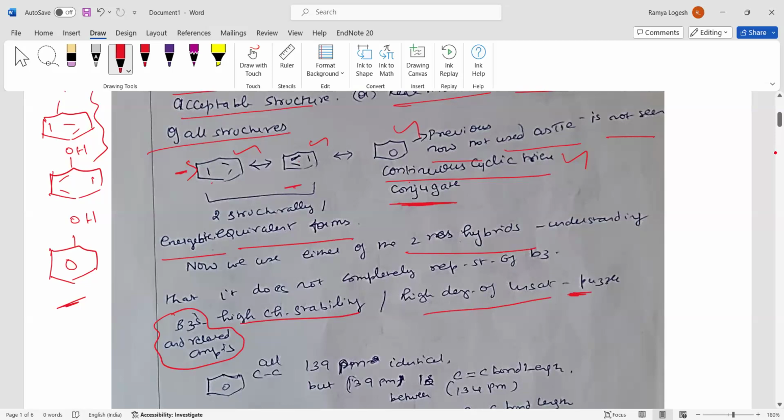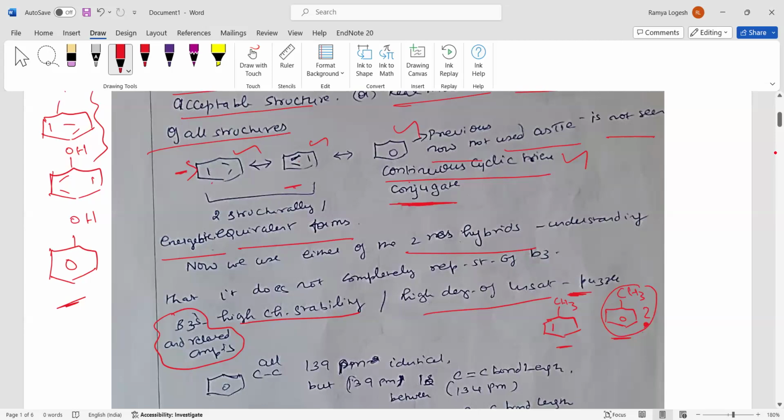For example, I have this molecule, and I can see this is very stable and has a higher degree of unsaturation as well. What makes it so stable is the question.